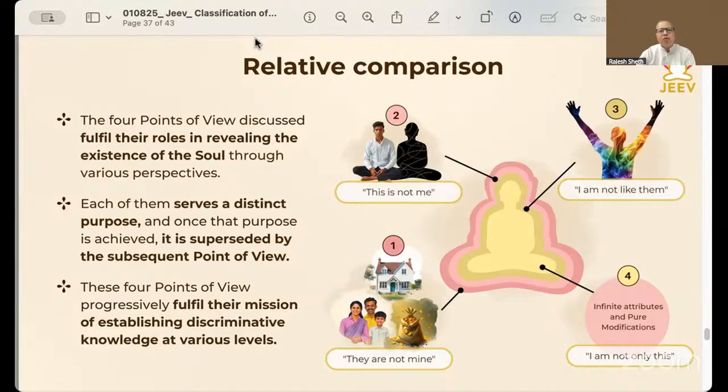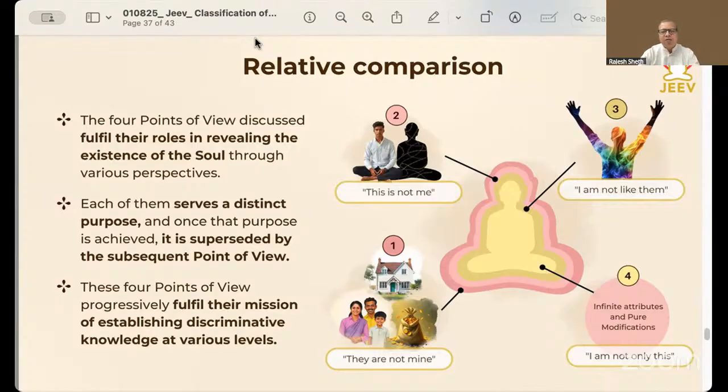Then as we move on to number 3, it contains 2 components. One is 100% toxic emotions and the other is partial pure substance. So what number 3 says is, I am not like them. So this much discriminative knowledge number 3 has done. And when we went to number 4, we considered 100% pure modifications and the distinctiveness of the attributes.